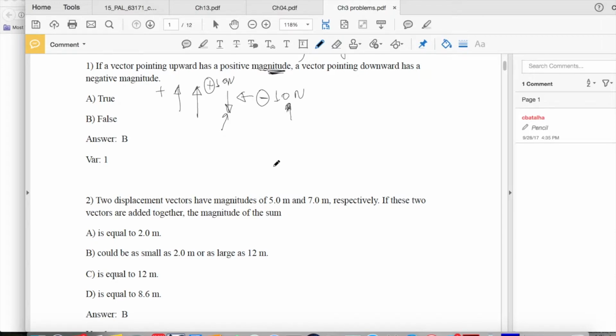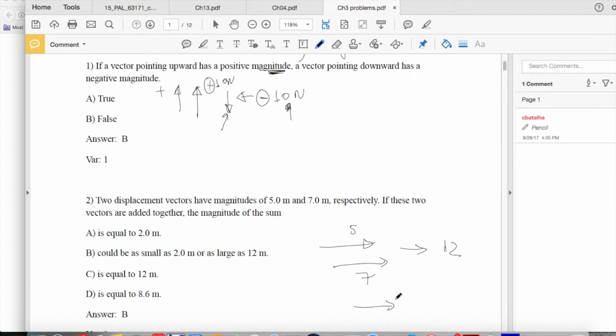Two displacement vectors have magnitude 5 and 7 respectively. If these two vectors are added together, the magnitude... So we saw that in class. So let's say one is this, the other one is that. Then the resultant is 12.